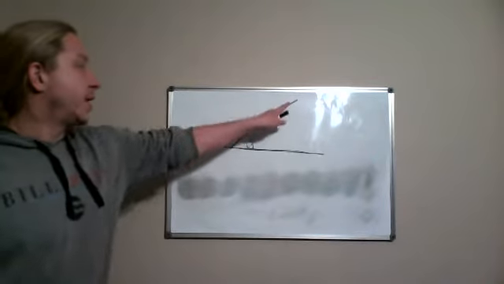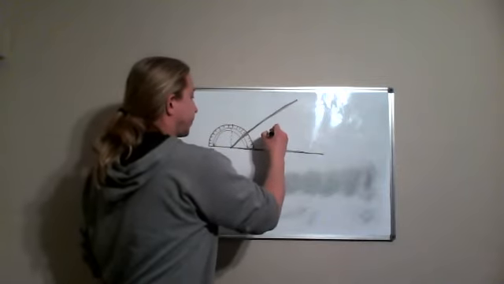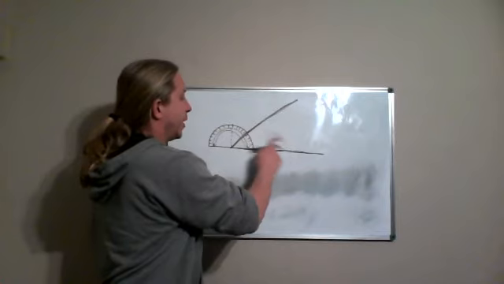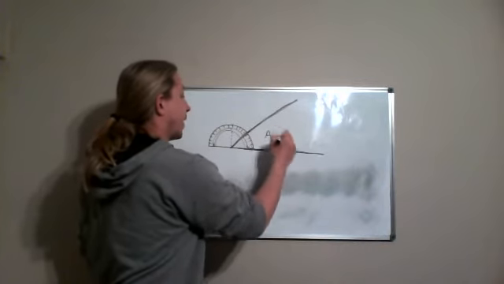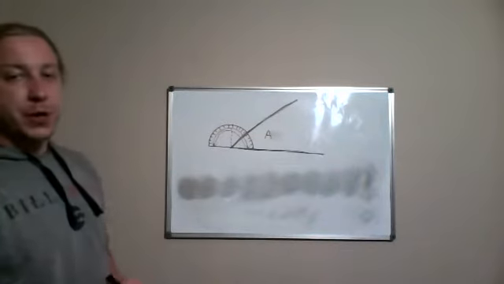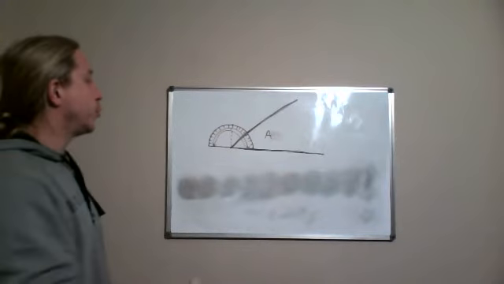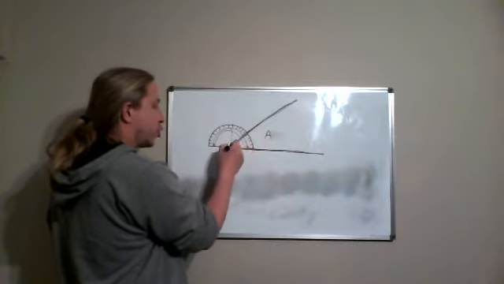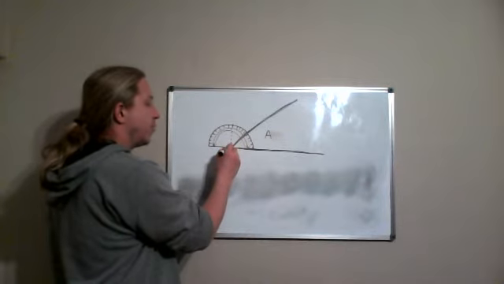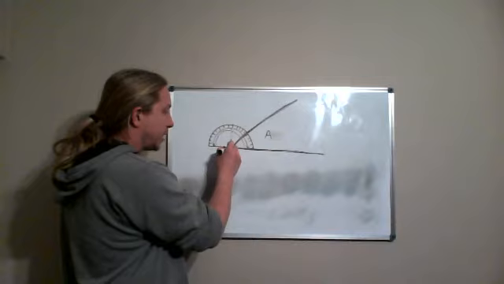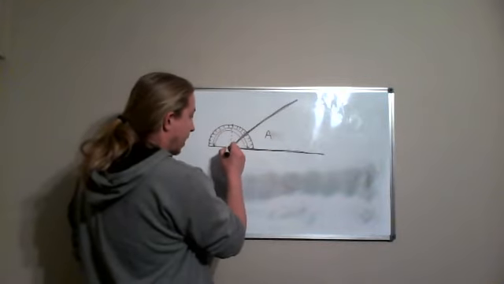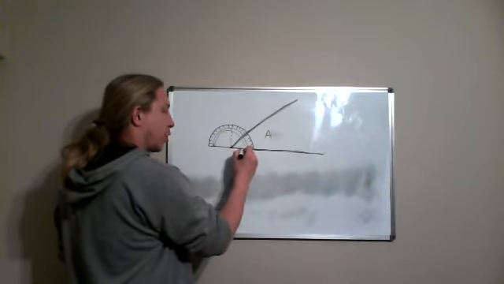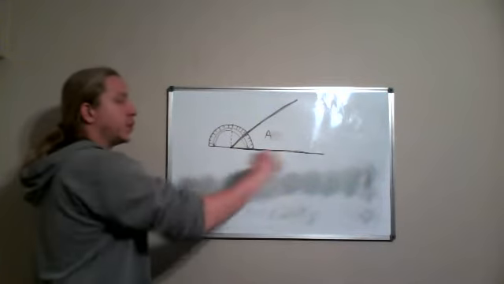Let's call it angle A. To measure angle A, we place the protractor at the vertex of the angle, where the two arms of the angle meet. We put the center of the protractor there, and we line up the bottom line of the protractor exactly in line with one of the arms.